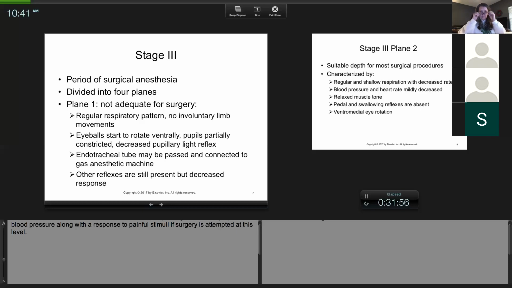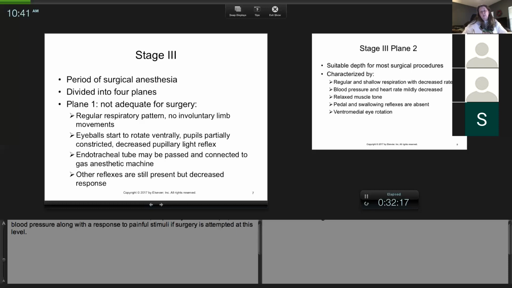So if I look at my dog's eyes, if I go like this, I expect them to start to rotate ventral. Eventually, they're going to rotate medial. When they're at a good spot, their eyes are looking at their nose. If you go like this, they're ventral and medial. That's where I want my eyes.